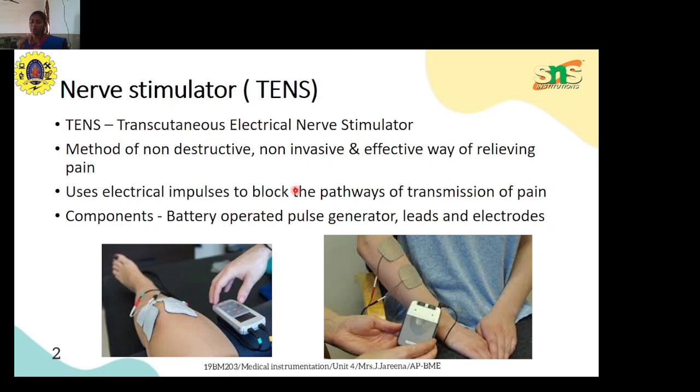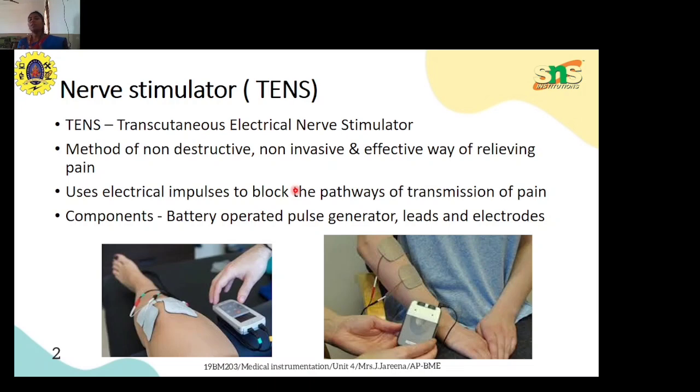If it is beyond this threshold level, these receptors send signals to the brain, and the brain receives the information from the nociceptor and acts accordingly. Once the message reaches the brain, immediately we have the sensation of feeling pain.